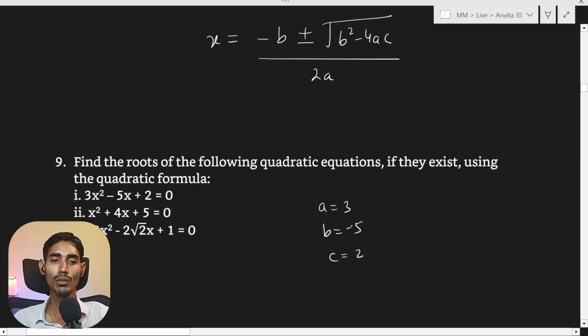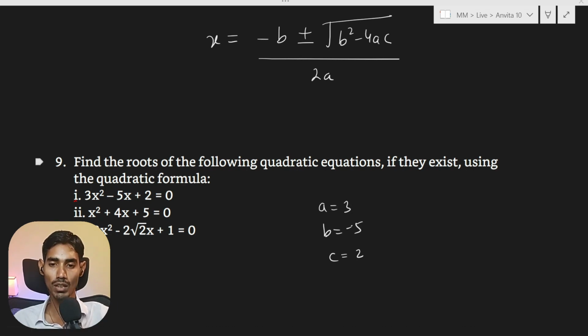We have to find the x value using the quadratic formula from the quadratic equation. The quadratic formula is to find the zeros. The quadratic equation is the standard 2-degree equation.